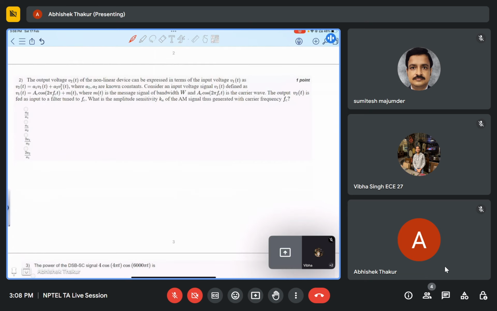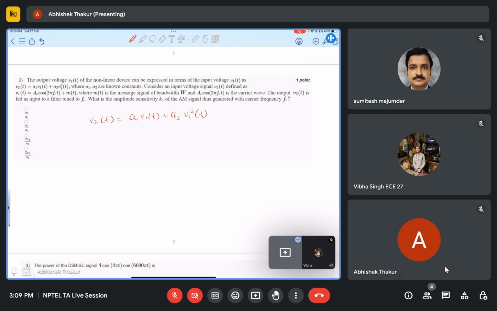So now we'll move on to the next question. In this question, the output voltage v2(t) of a non-linear device can be expressed in terms of input voltage v1(t), given the square law. So v2(t) is given as a1 v1(t) plus a2 v1 squared(t).